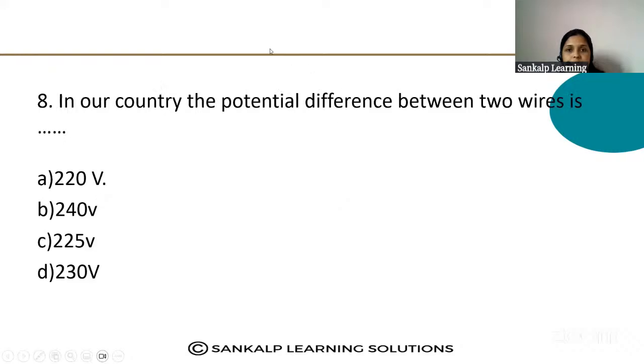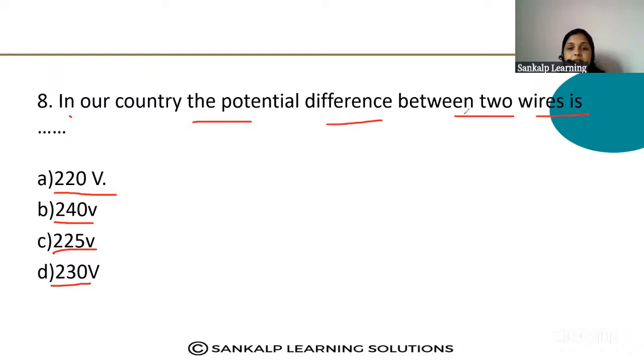Next question. In our country, the potential difference between two wires is option A 220 volt, option B 240 volt, option C 225 volt, option D 230 volt.